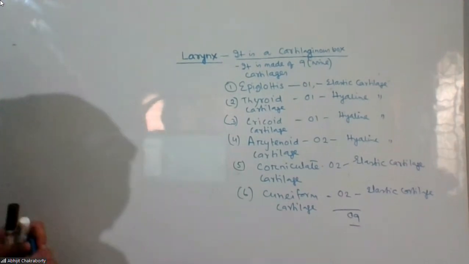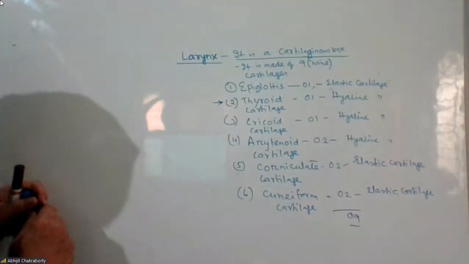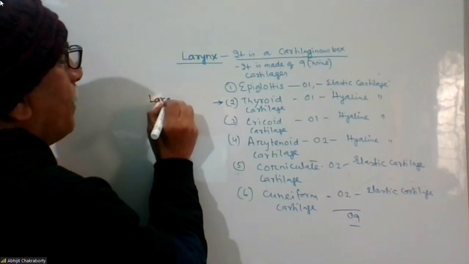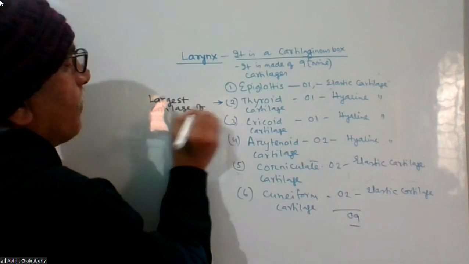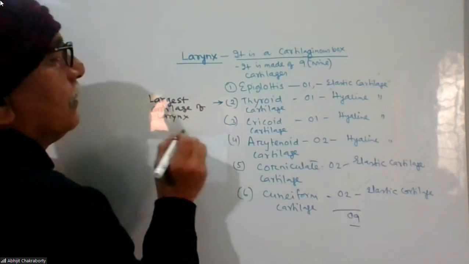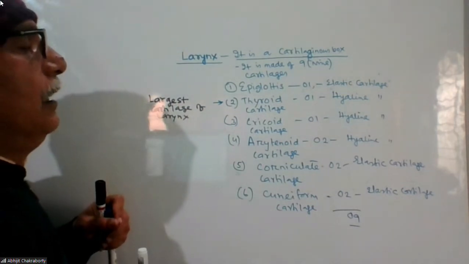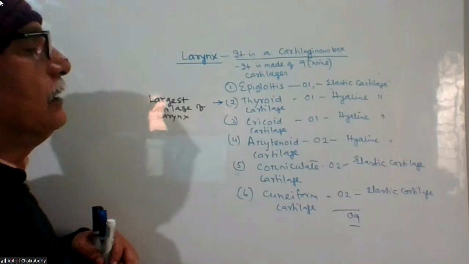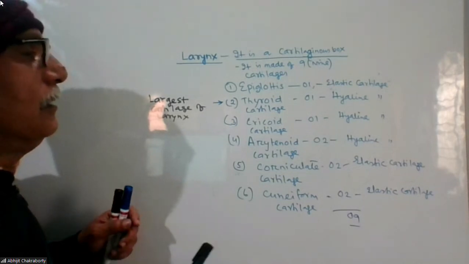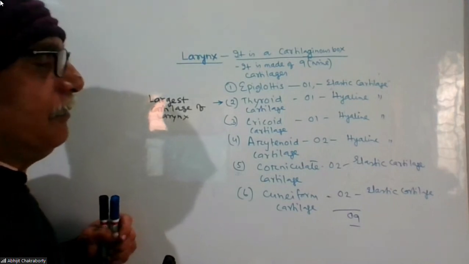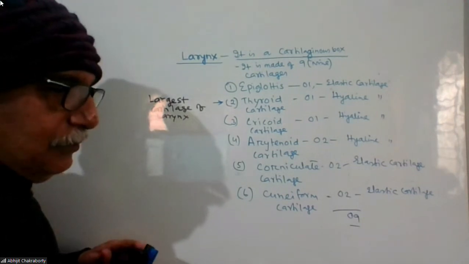Thyroid is the largest cartilage of larynx. Remember this thing. It is protective in function. Cricoid is there, below which is arytenoid on both sides, and corniculate and cuneiform. So this is what about the cartilages. Is it clear to you?